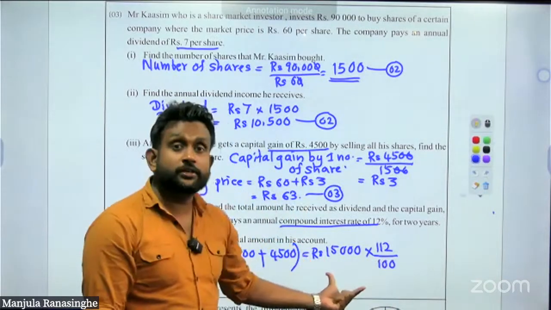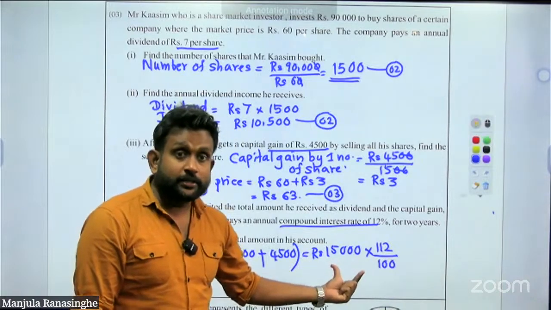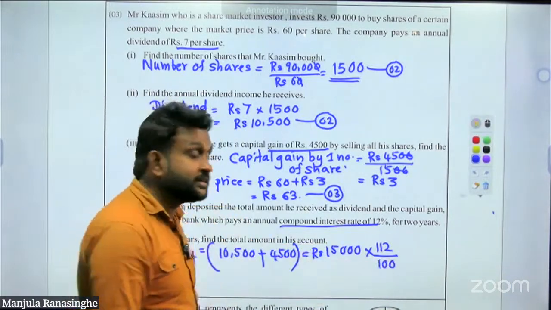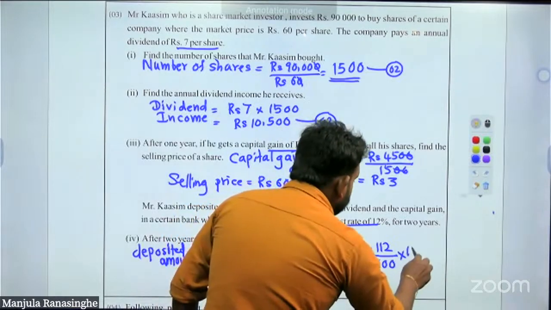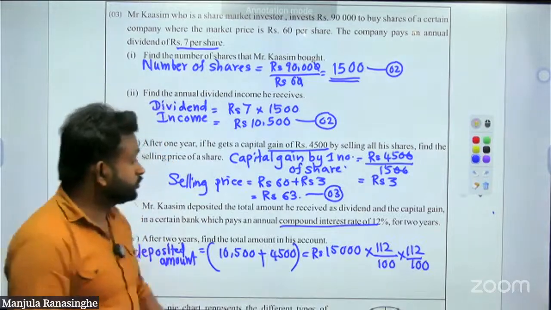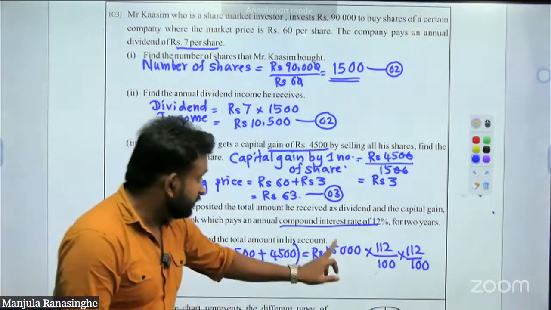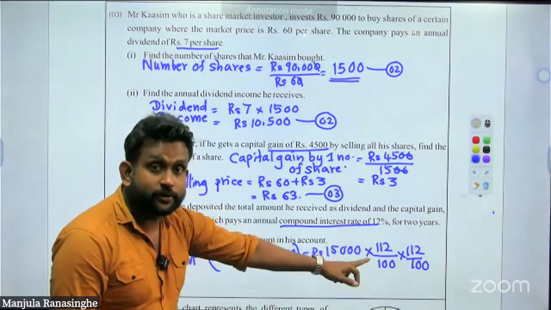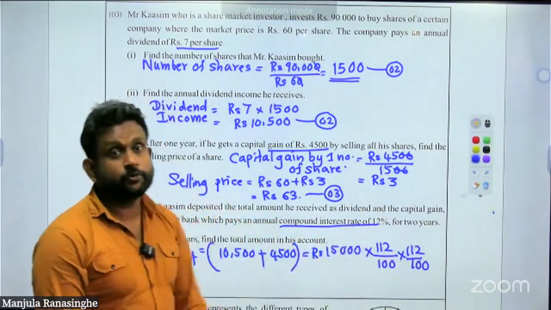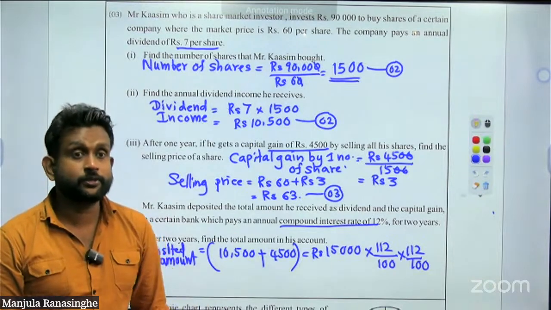That gives you the total amount after 1 year. After 2 years, just multiply again by 112 upon 100. So it is 15,000 into 112 upon 100 into 112 upon 100. That is the total amount after 2 years.